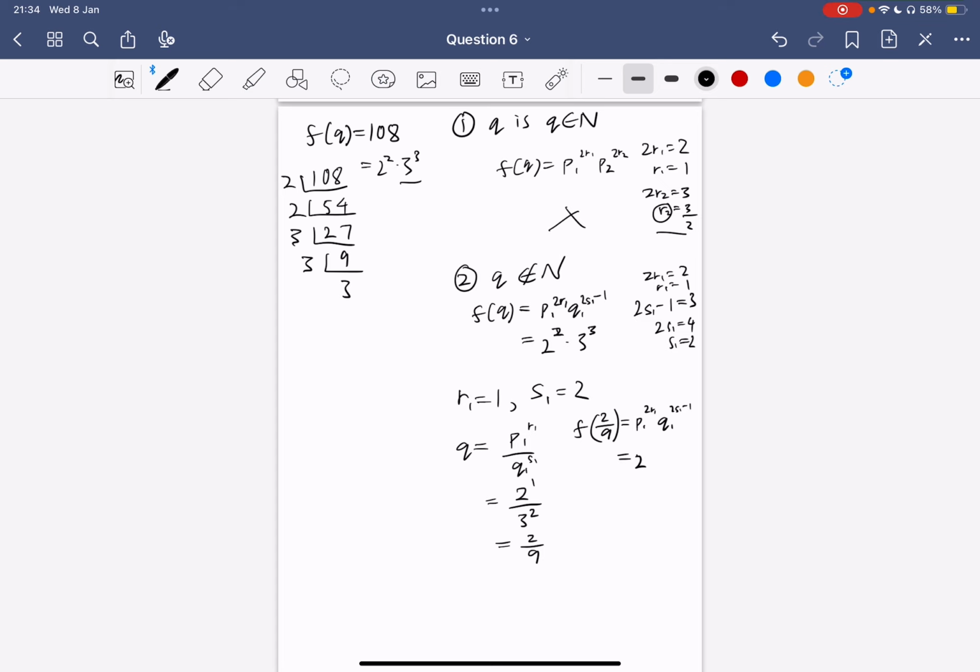We get 2 times 1, 3 to the 2 minus 1 squared, 2 times 2 is 4, times 27, and sure enough, it maps back to 108. So we found our answer q.